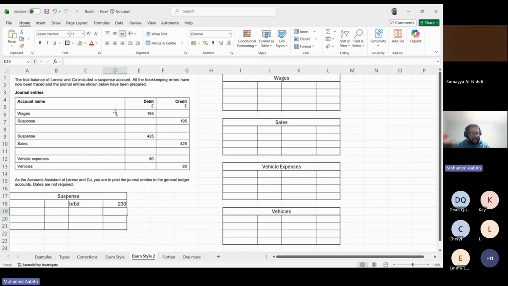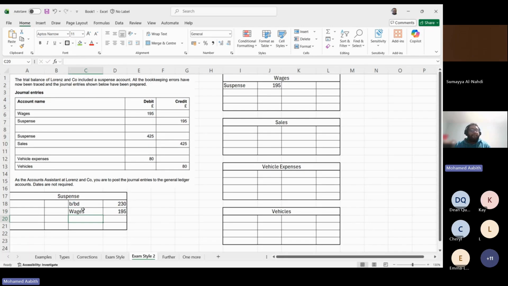So the journal entry here says journal has 195 debit and the suspense have 195 credit. So the detail I'm going to write here is suspense account, because this is how they want you to do. You need to use the drop down menu to choose what accounts they're talking about.